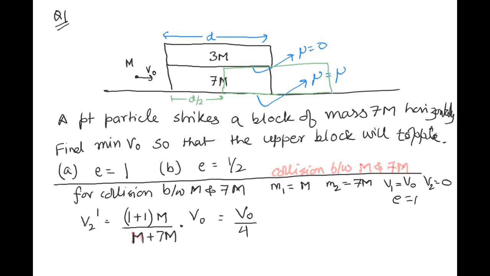This is it. The story of the collision is over. The purpose of this collision was only to find this. And once we have found the velocity of the block, all we have to do now is say that the initial velocity of the block after collision is plus V0 by 4. And by default, I'm taking this direction as positive.